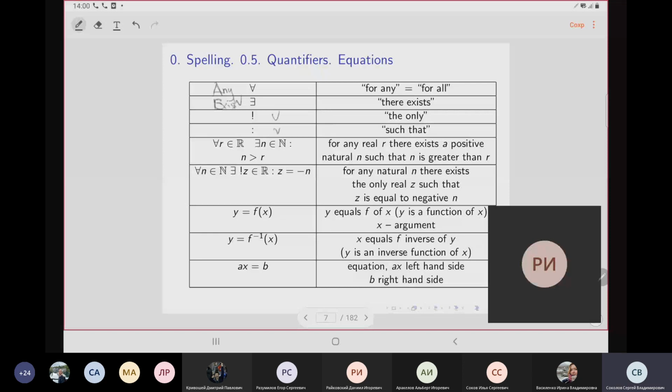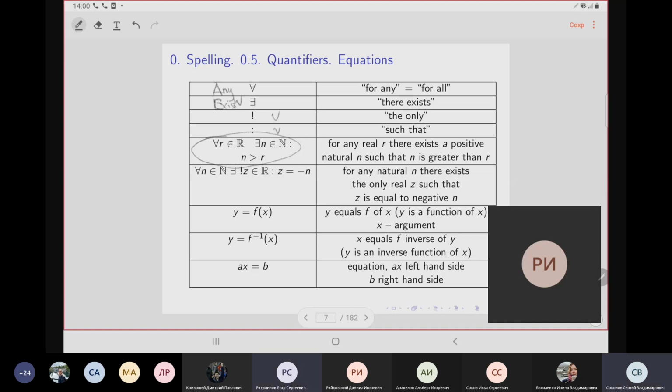For example, one of the axioms is spelled: for any real R, there exists a positive natural n such that n is greater than R. As far as I remember, it's a Euclid axiom, but maybe I'm mistaken. I don't remember. Archimedes.